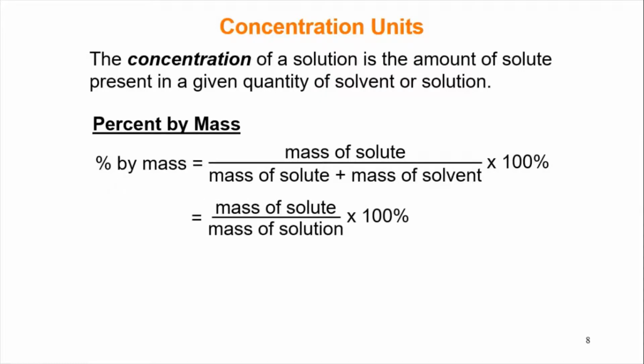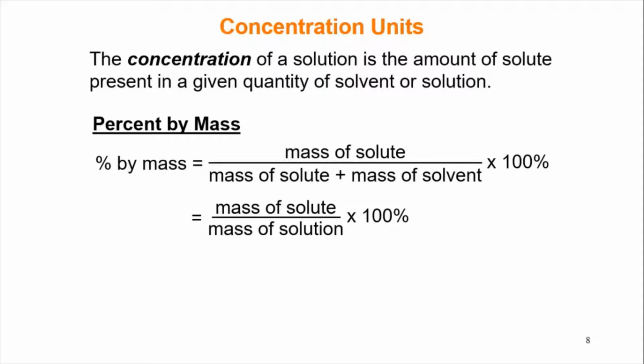So it's a ratio of solute to solution times 100%. Typically, we call it percent by mass. There's other ways of referring to it. Some authors will refer to it as the percent mass. Sometimes you have the longer version, which is the percent composition by mass.